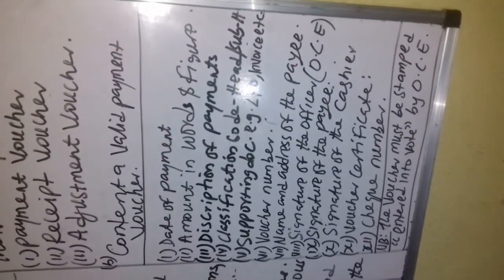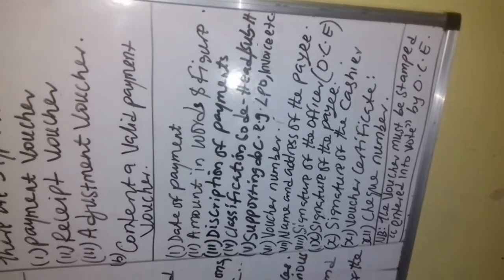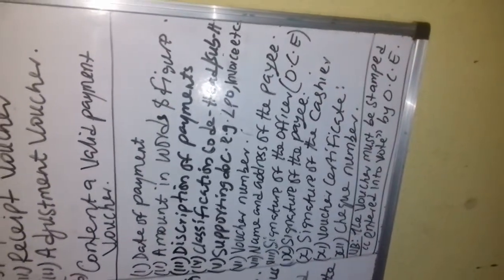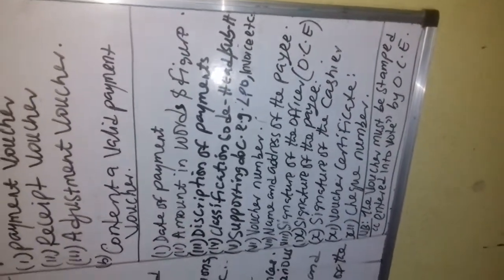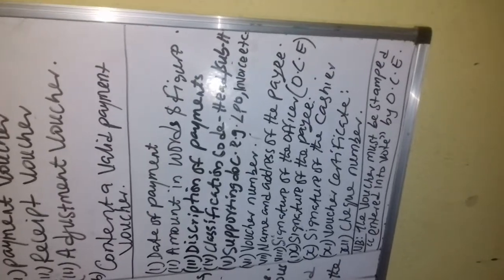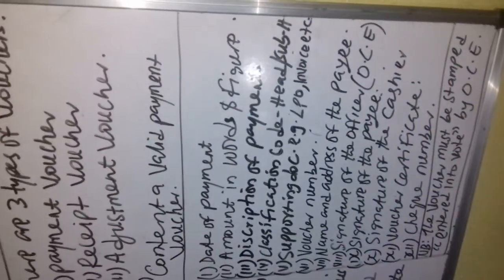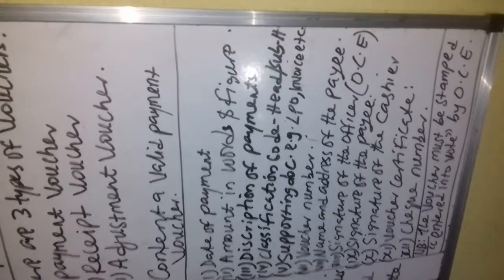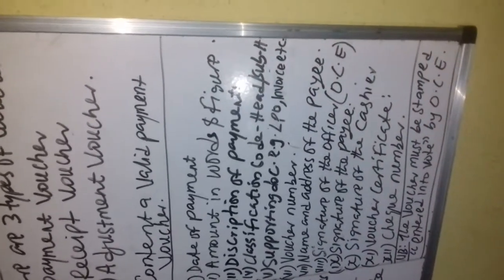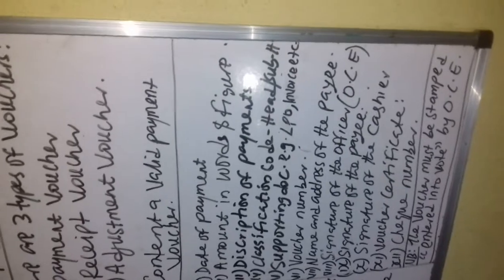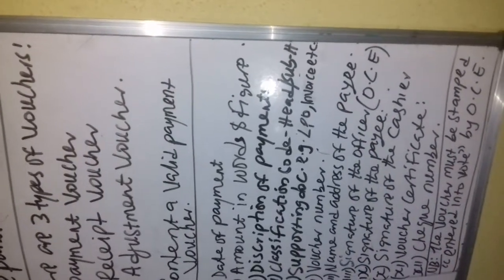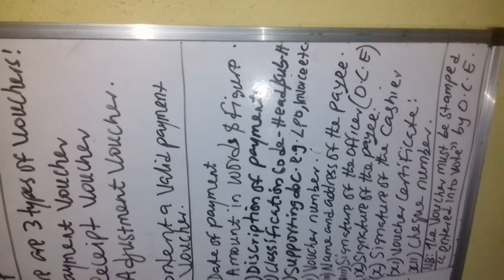We have the date of payment, amount in words and figures, description of payment, classification code, which is classified as head and subhead, and supporting documents, e.g., the LPO, that is the local purchase order, invoice, etc.